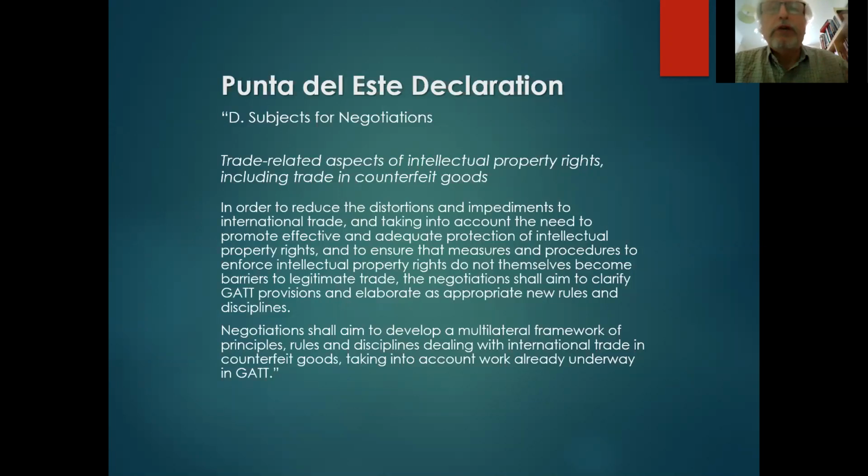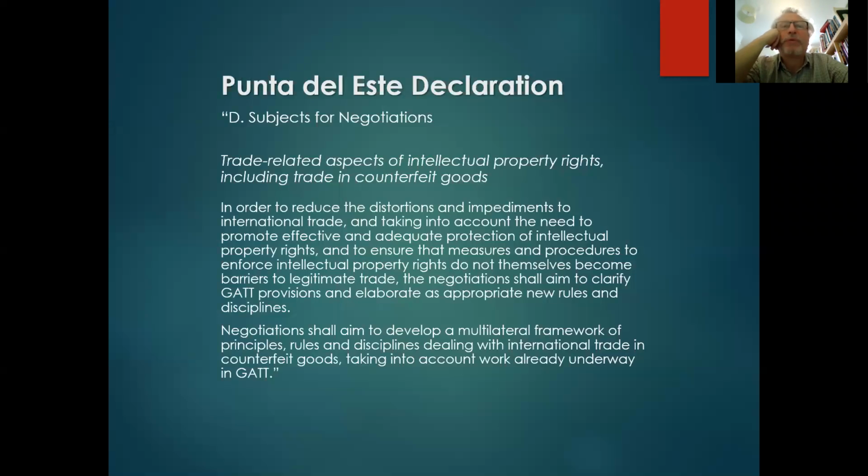And it says the negotiations shall aim to clarify GATT provisions and elaborate, as appropriate, new rules and disciplines. And it says negotiations shall aim to develop a multilateral framework of principles, rules, and disciplines dealing with international trade in counterfeit goods, taking into account work already underway in GATT.